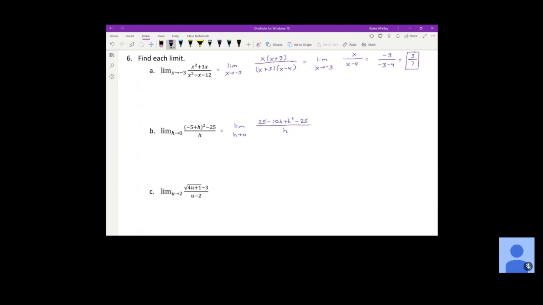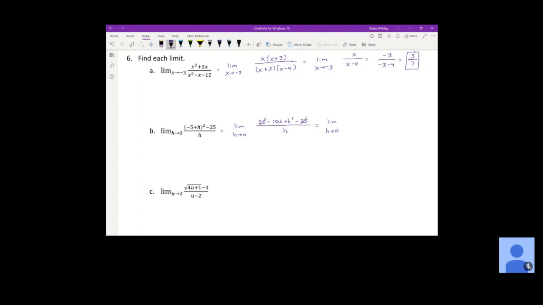All right, now if we combine like terms in our numerator, what are we going to get there now? Good, right? So the 25 minus 25, that's going to cancel out.